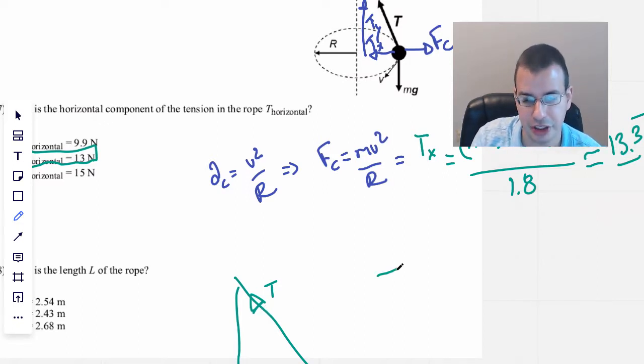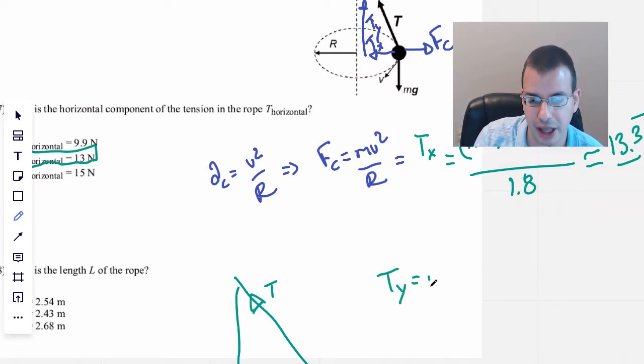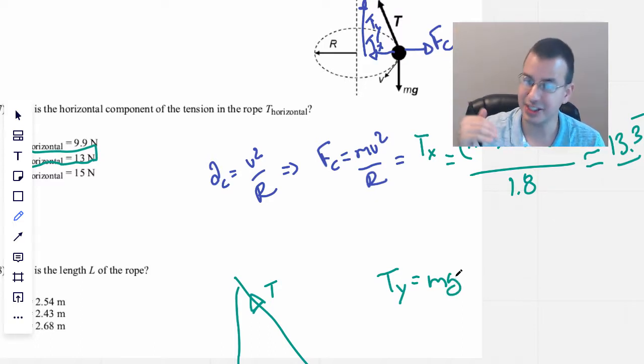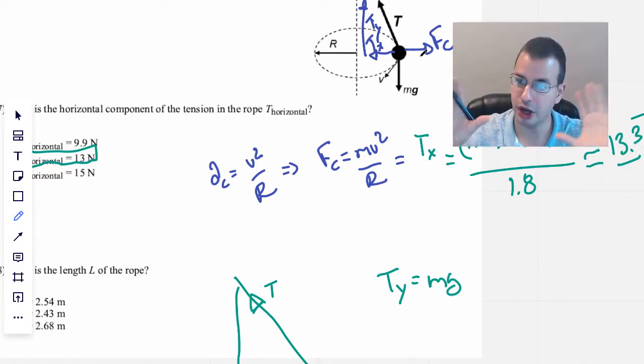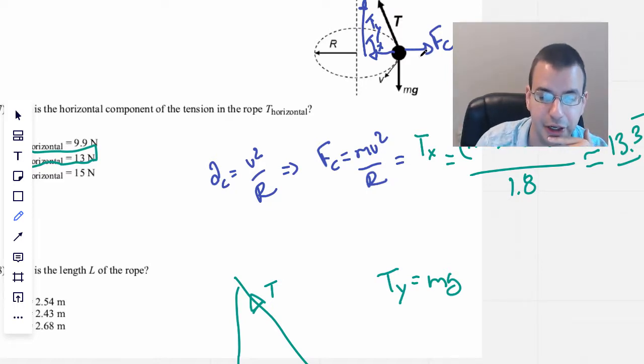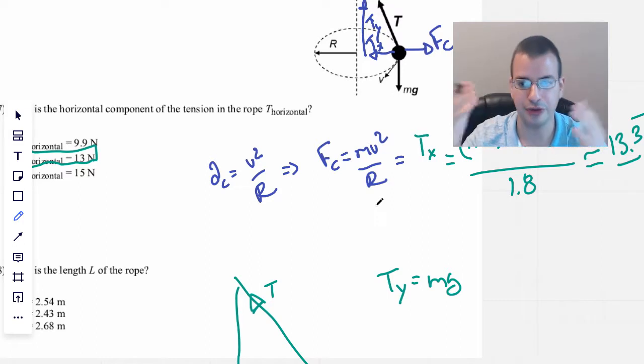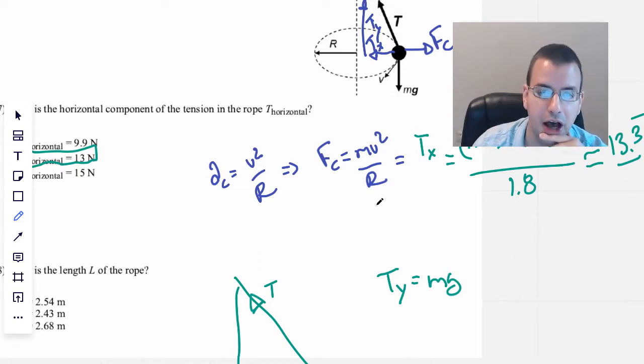Tension in the y direction, Ty, will be mass times gravity, because it has to cancel out the gravity. Centripetal acceleration is outward horizontally, mass times gravity is down. They're perpendicular, so we can draw them as a triangle. They don't affect each other. But the tension will account for both of them, and since those are the only three forces in play, that's all that's going to be accounted for.